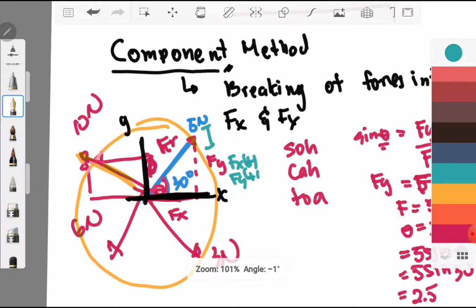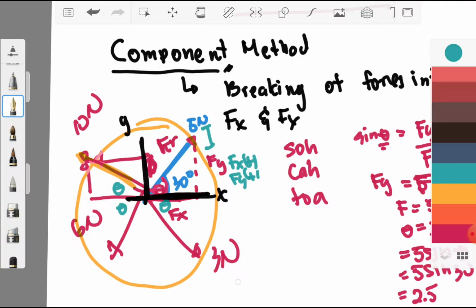But if your arrow is going into the second quadrant, take note that this is your theta. Your thetas will always be positive, whether it is at the bottom or at the top.